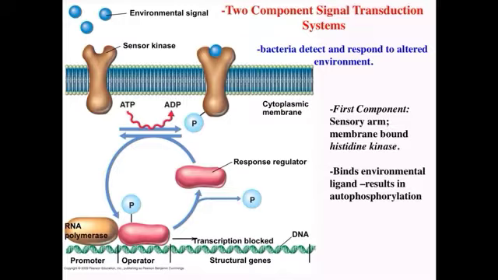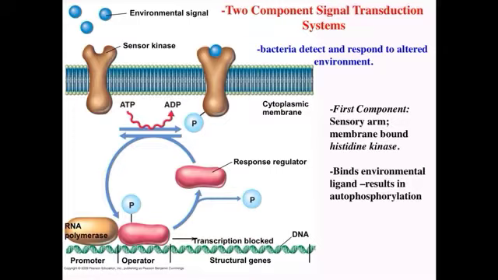A conformation change occurs when this protein interacts with either a ligand or some kind of an appropriate signal. Maybe it's temperature. The conformational alteration in that protein now occurs on the cytoplasmic side, so that the protein becomes an active enzyme. This protein is a histidine kinase, and we've talked about this.